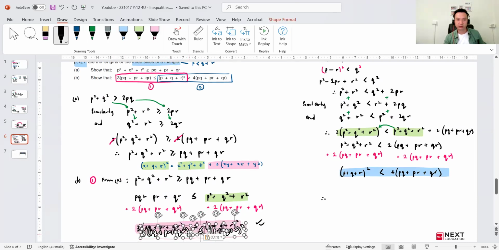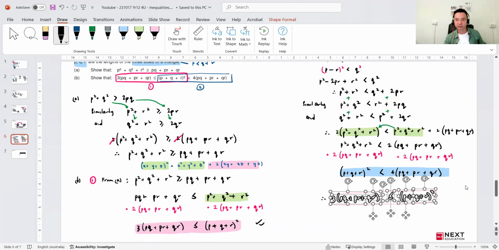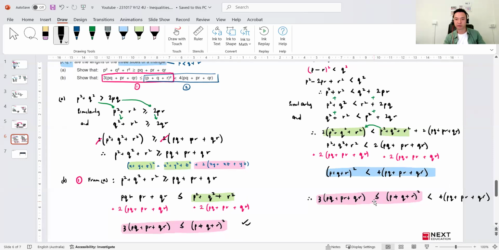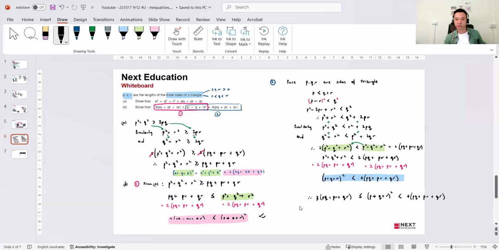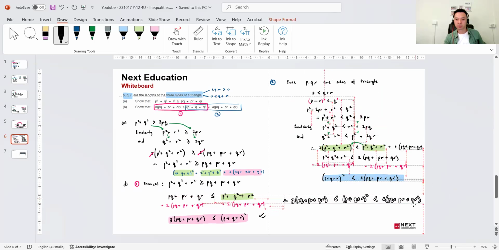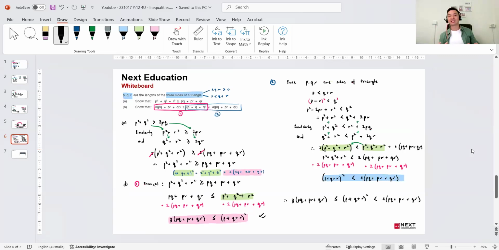So I go, therefore, that expression is less than that expression, right? And I'll get rid of the highlight and then put this back on this page. And I got it. Guys, that's inequalities.